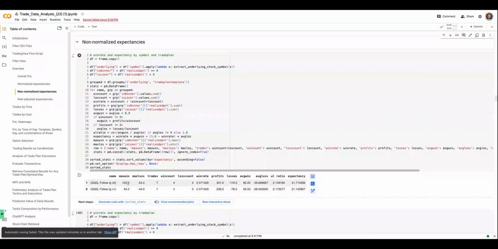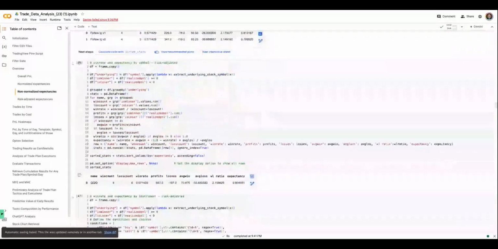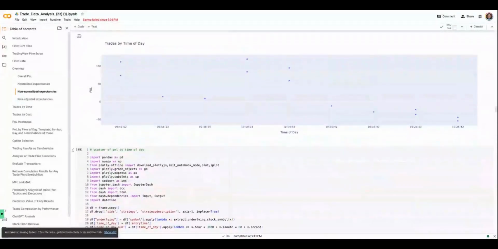So V2 has higher max win and a slightly greater max loss as well. But the expectancy for V2 is almost $32, and for V1 it's 21. Okay, so let's see what else is interesting here.